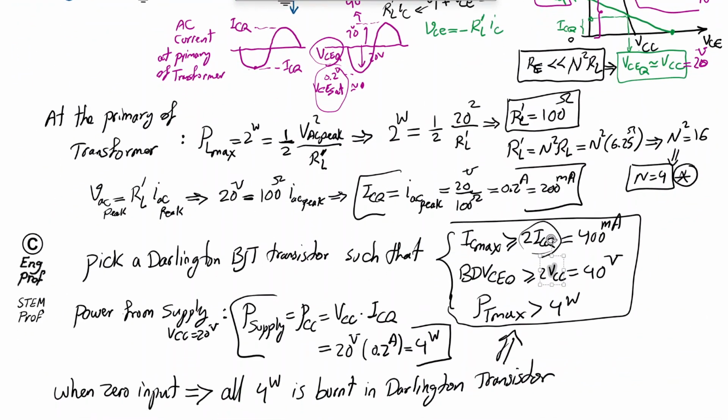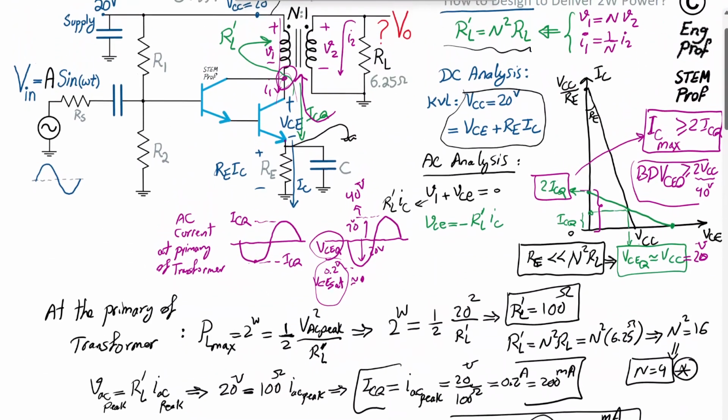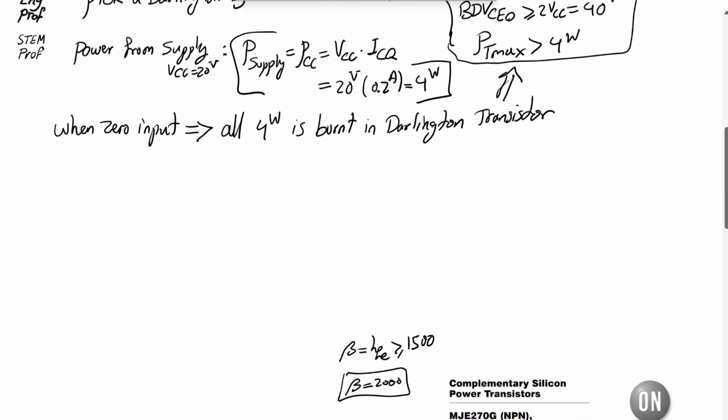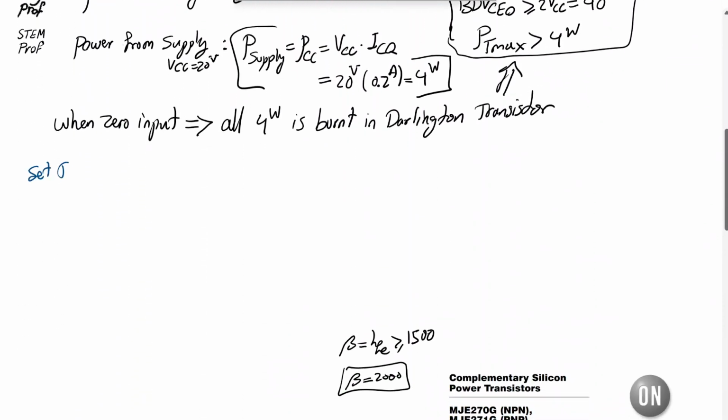Okay, so to achieve that, take a look at the DC current that we found. The DC current of this design is 0.2 amp or 200 milliamp. I am going to select the value of RE such that the voltage drop across RE is very small. So let's say set RE, just as an example, to 0.5 ohm.